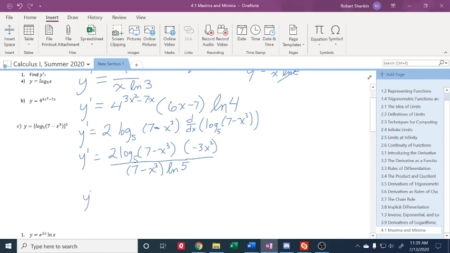And when I clean that all up, this negative 3 and this 2 would be negative 6x squared. Okay, we get this.